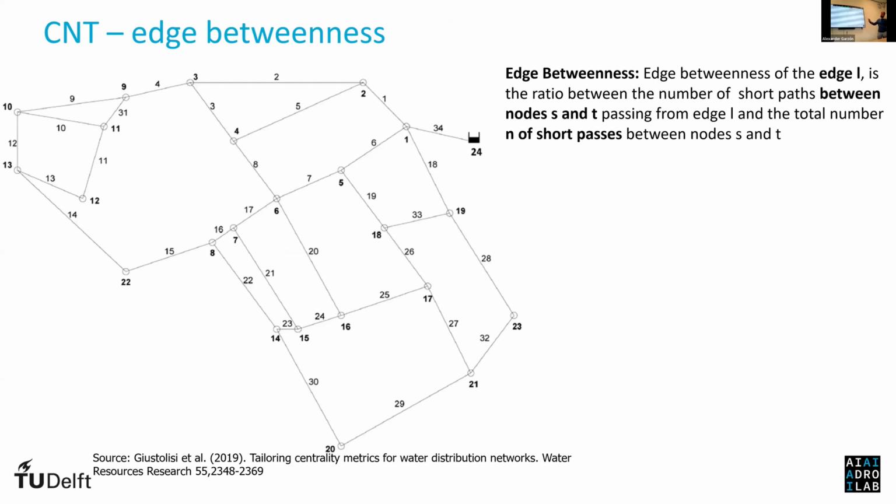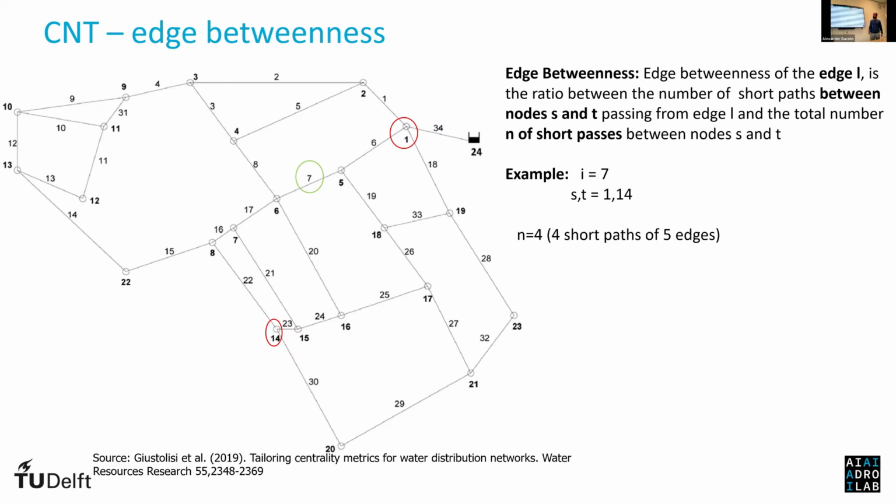One simple example of one of these metrics is the edge betweenness and how this works. Assume that the edge betweenness of one edge is how many times a shortest path between two different nodes passes through that specific edge. I have an example for that. So we have edge 7, and we have nodes 1 and 14.